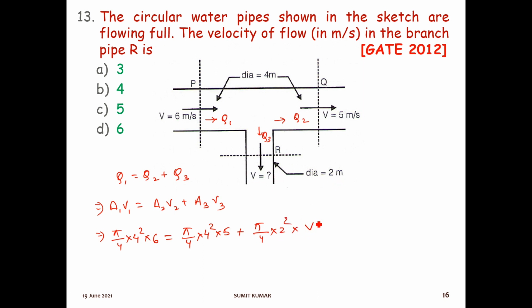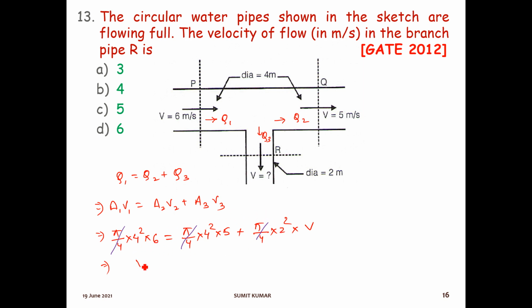We need to calculate the velocity only. So just solve this equation. This pi by 4 will be cancelled out, so you can write here 4 square into 6, and just solve this equation.